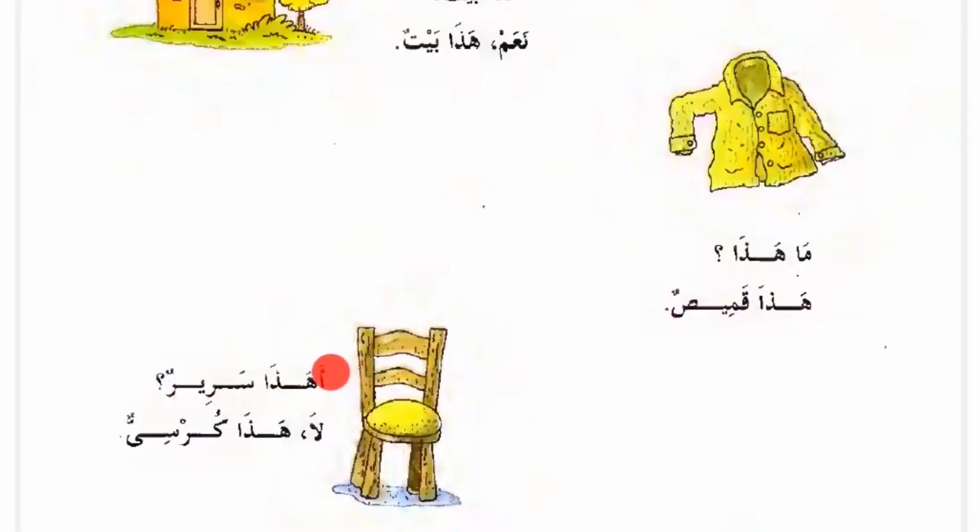You see ahaza, this hamza of istifham, the question mark. It comes to signify a question. It is placed in front of a sentence to change it to an interrogative sentence. So, ahaza sarirun, is this a bed? What will you answer? La, no, definitely this is not a bed. Haza kosiyun, this is a chair.